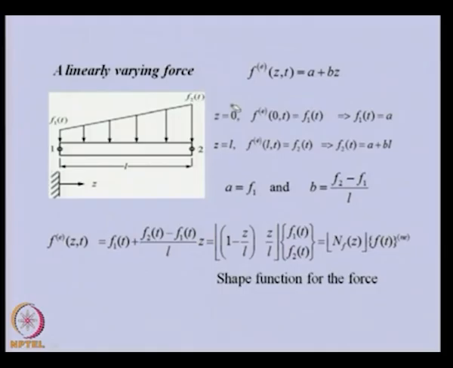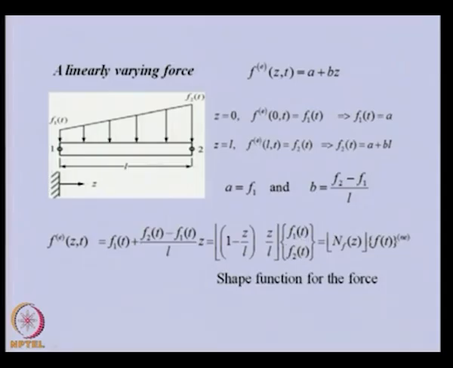At z is equal to 0, the amplitude of force is F1. If we substitute here, we will get a is equal to this. For z is equal to L, the amplitude is F2, and if we substitute in this polynomial, we will get this. These two equations will give us a and b, and if we substitute a and b in this polynomial, we rearrange the F1 and F2 terms separately.